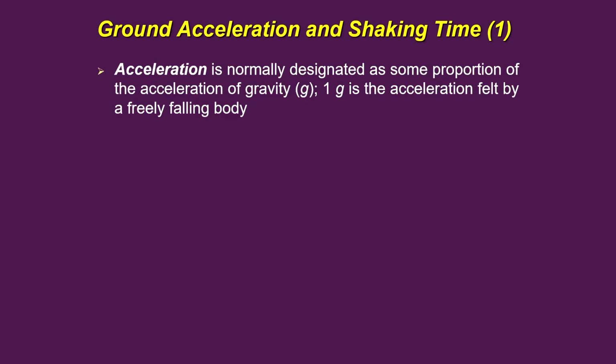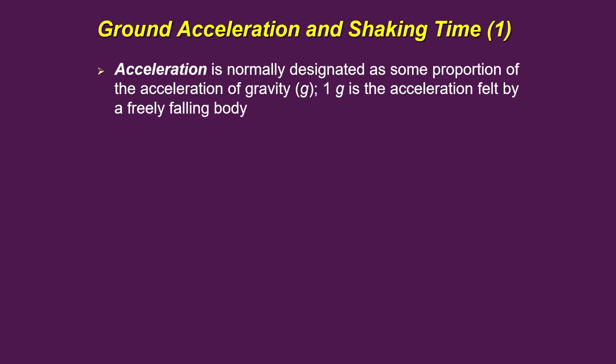Now, coming to another part, which is again the most important one, because this has a direct relation with the damage pattern and evaluation of your seismic hazard for any region. Okay. So acceleration is normally designated as some proportion of the acceleration of gravity, g.